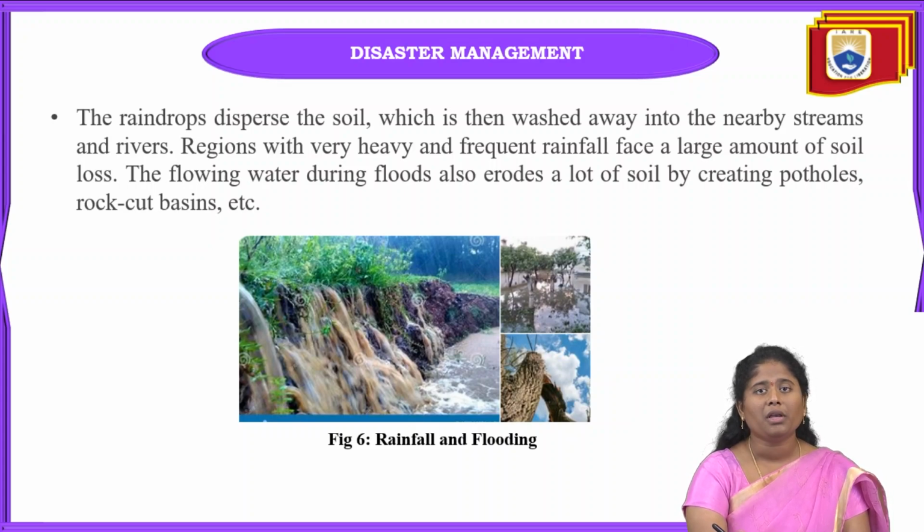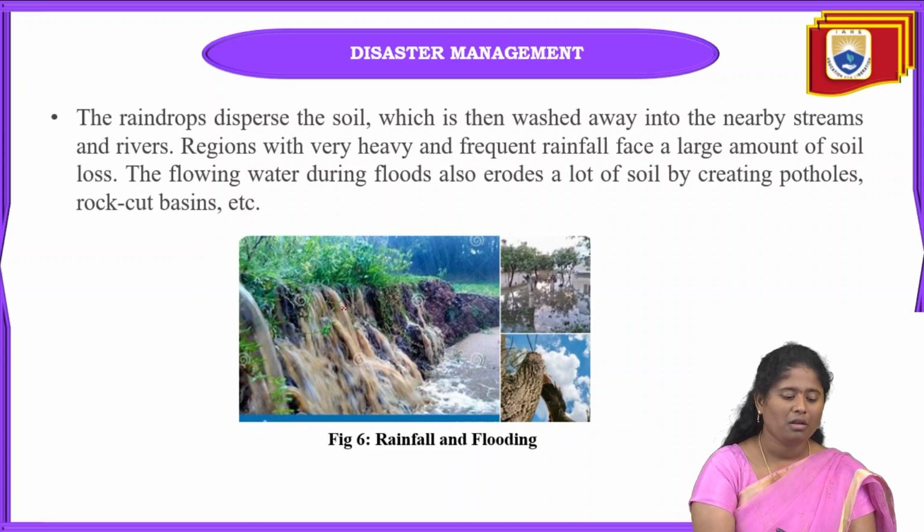There only, this splash erosion can be seen. During the flowing of water and at the time of floods, soil can be eroded easily. Why? Because at that time a lot of soil creates rock cut basins and also potholes.